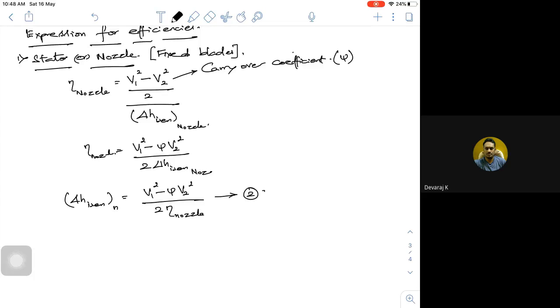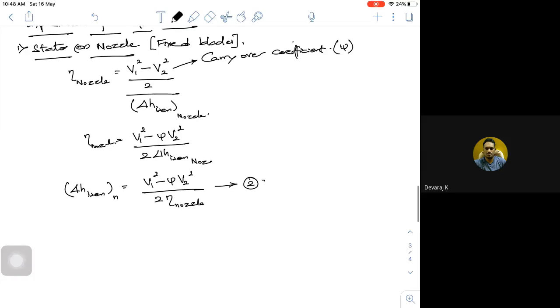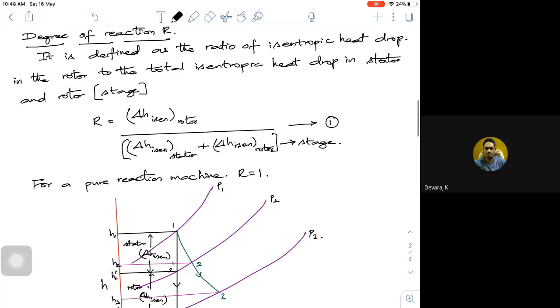Okay. Now what will happen if I move towards the velocity triangle? Already we have the velocity triangle. Let me take that velocity triangle.